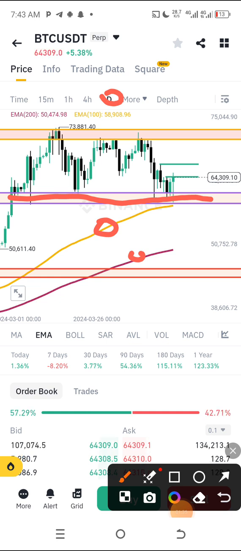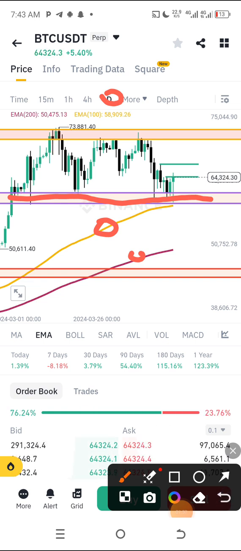So I don't just trade like that. What I do is I wait for the price to rise and fall. When it falls, that is the retracement. Because it's so above the 100 and the 200, I can look for a trading opportunity here.